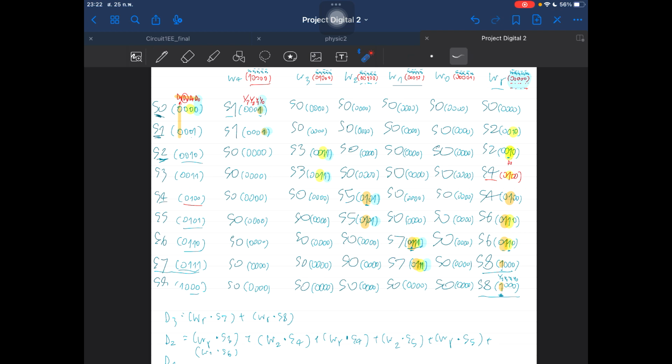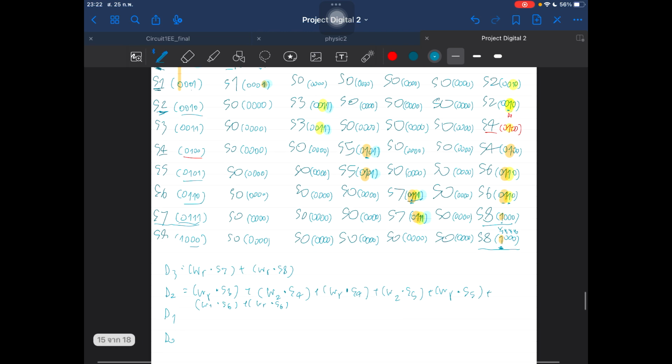Then continue to check. D2 0 here, D2 1 here, D2 1 here, then write the input name first. Input name WR and state 6. Then state 6 is off, go to state 7.